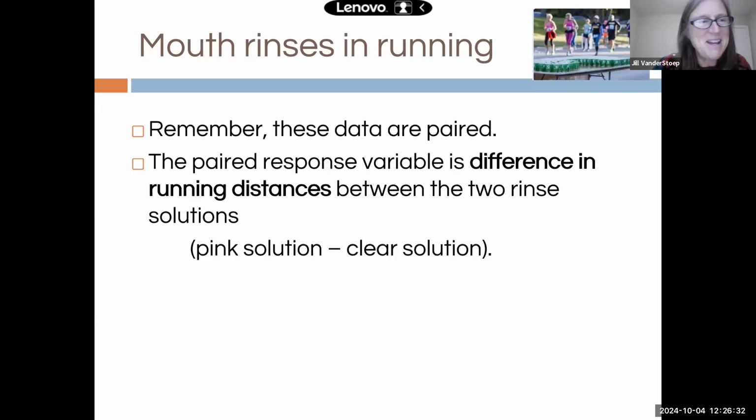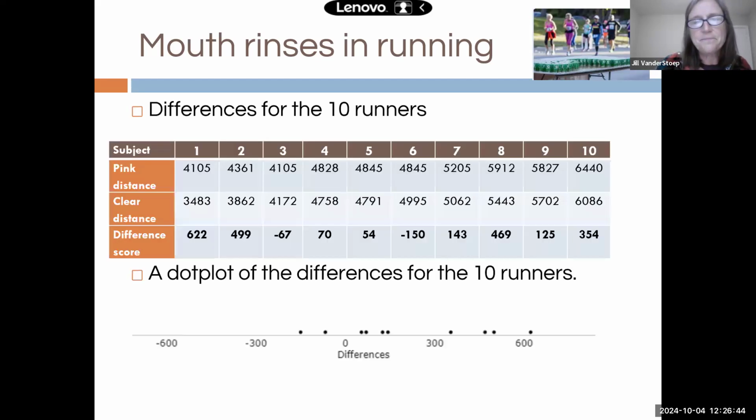But remember, we were smart and we used a paired design because we knew that there was a lot of variability from one runner to the next. And so we're going to look at the differences in those distances. And when we do that, I've got my difference score down here at the bottom, taken as pink distance minus clear distance.